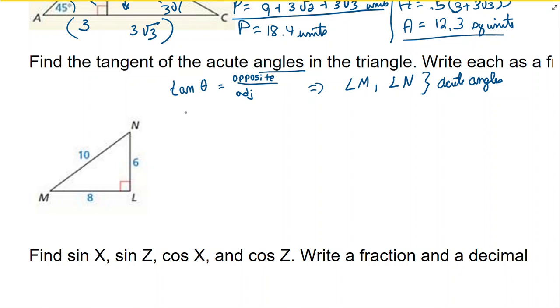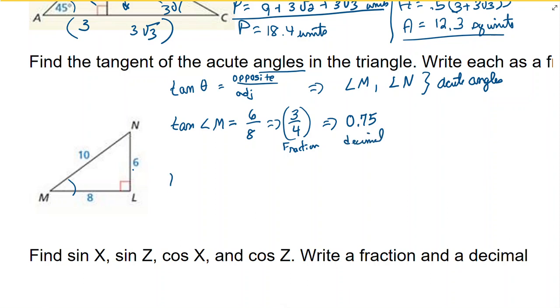So let's make the tan of angle M. Opposite is 6 over adjacent is 8. I would reduce it to 3/4. All right, so this is my fraction. I would divide it out and get 75 hundredths, and this is my decimal.